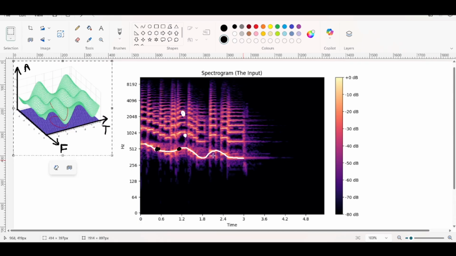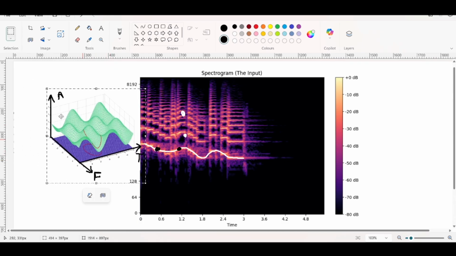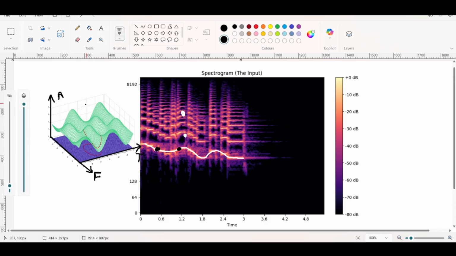Let us take an example of this graph. Let us say this z-axis represents the amplitude, this is the frequency, and this is the time axis. We'll be choosing these local maxima, these points, as our data points or dots, also known as constellation points.